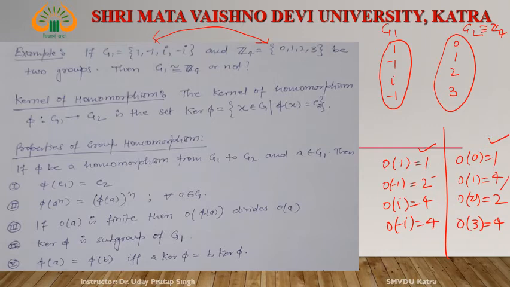So 1 maps to 0, since their orders are the same. Minus 1 and 2 have the same order, right? Then minus 1 maps to 2. Similarly, i maps to 1, or i maps to 3. Both are true.